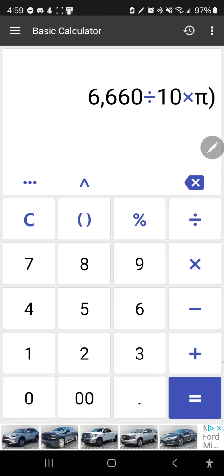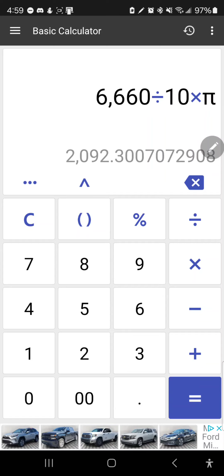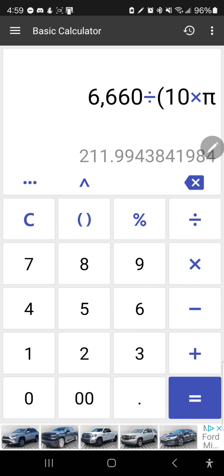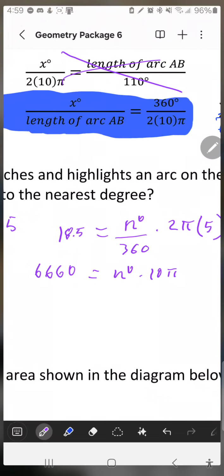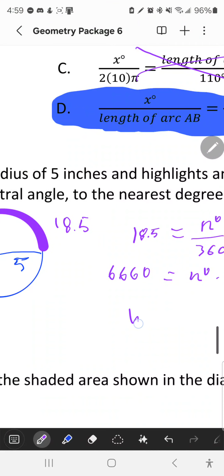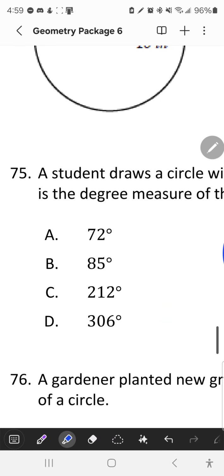If we don't put the parentheses, we don't get the right answer. So, parentheses. And approximately this is 212. So, n is approximately 212. And this is an n, which is option C.